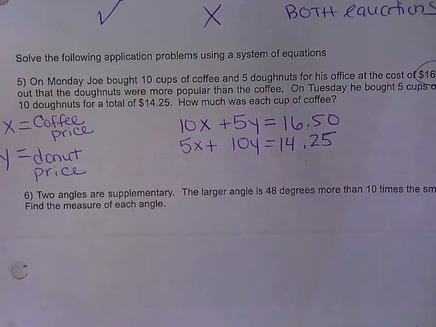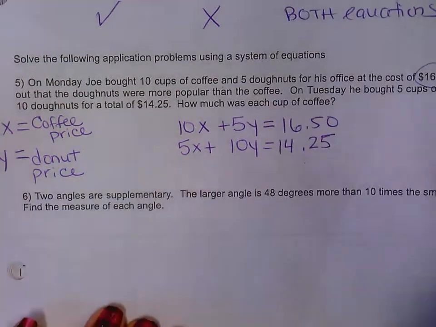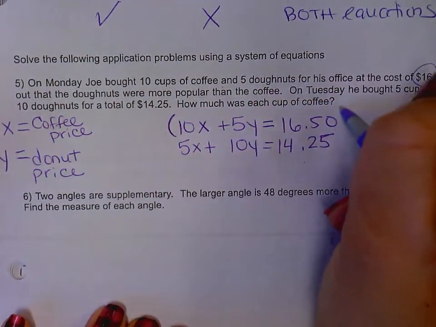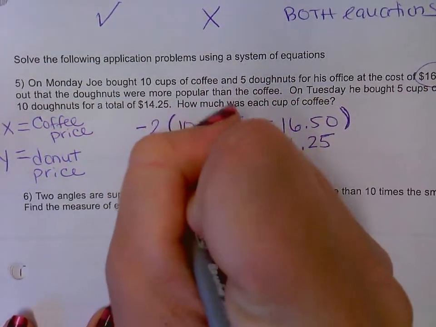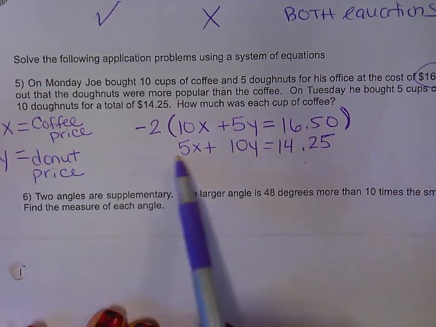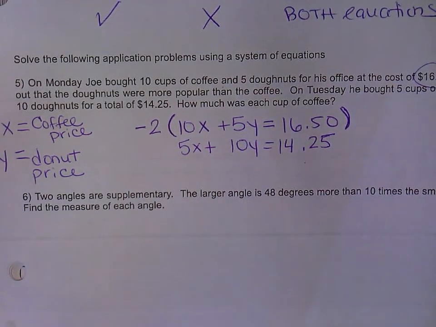You can either choose to eliminate on the top or eliminate on the bottom, right? Whichever equation gets multiplied by -2, you're going to end up eliminating that variable. For example, if I multiply the top equation by -2, I'll be able to eliminate my y values. So see if you can do the next step. Distribute the -2, add together the two new equations, and solve for x or y.